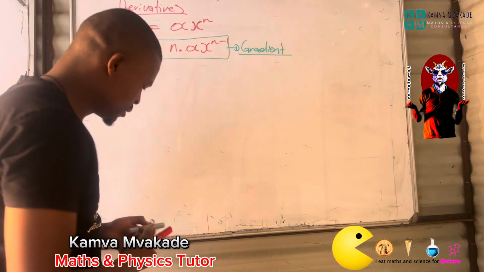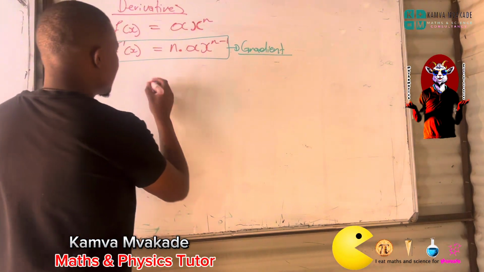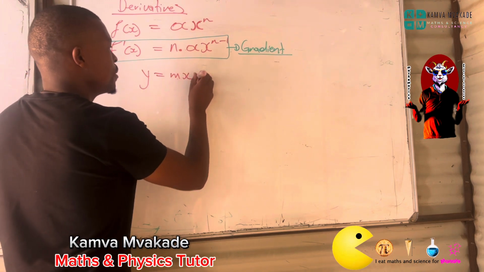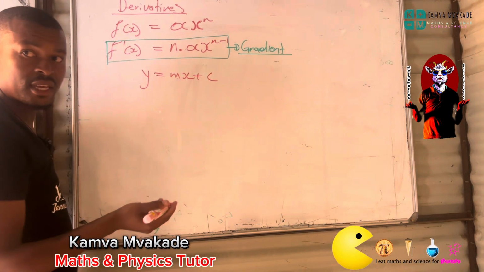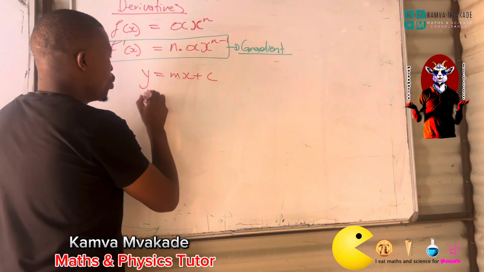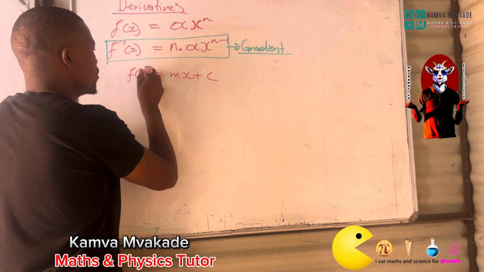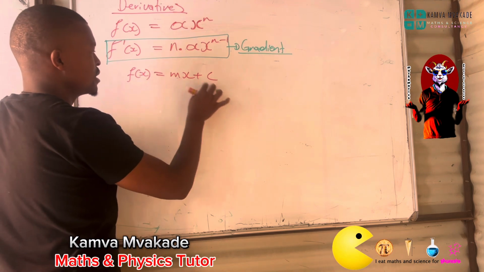For example, for a straight line we use y is equal to mx plus c. Instead of y, let me use f of x, so f of x is equal to mx plus c.